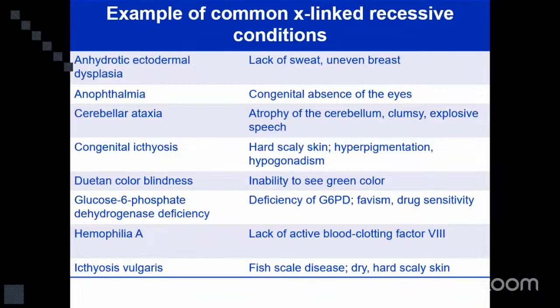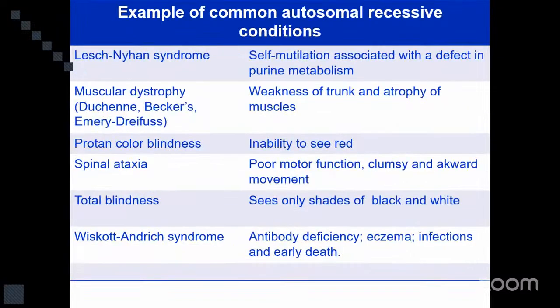Hemophilia, which we are familiar with, lack of active blood clotting factor number 8. Ichthyosis vulgaris, fish scale disease, dry, hard, scaly skin. And you can go on and on. Total blindness, spinal ataxia, and different types of muscular dystrophies. These are classical examples of conditions that will actually be genetic.